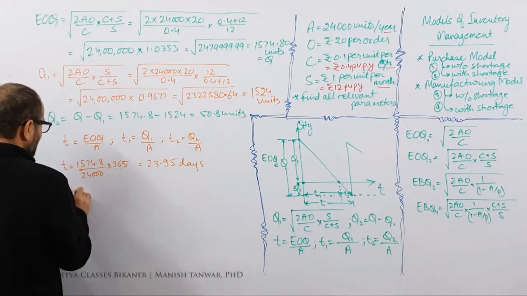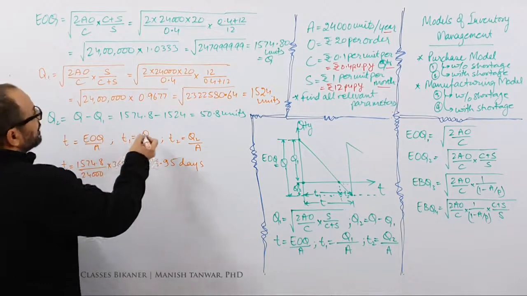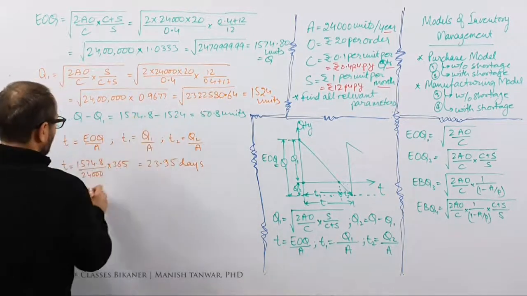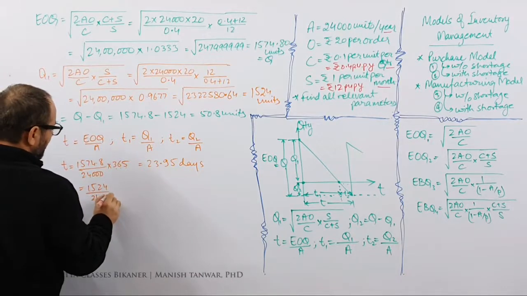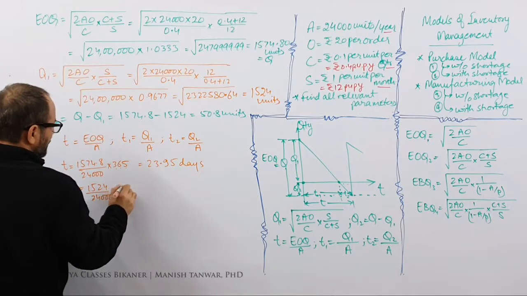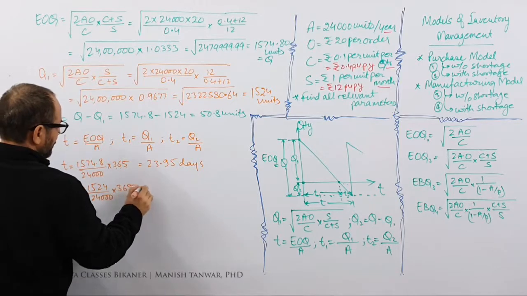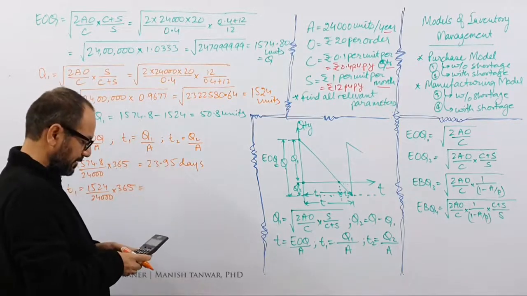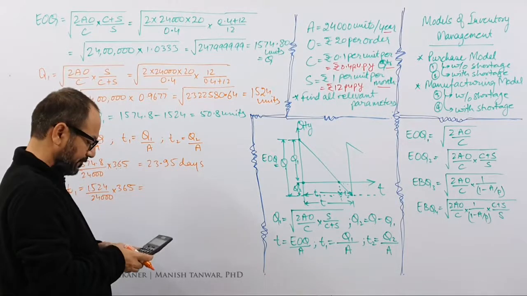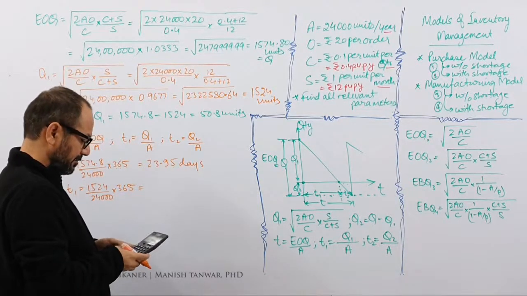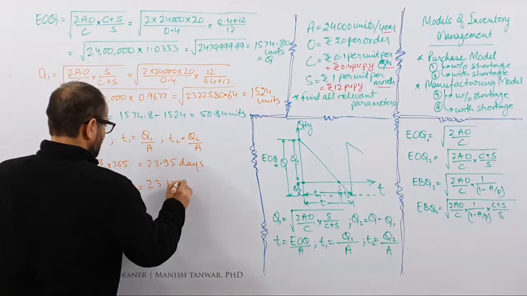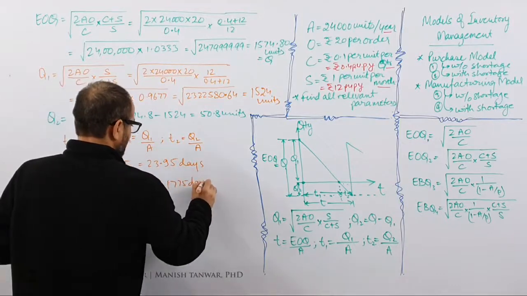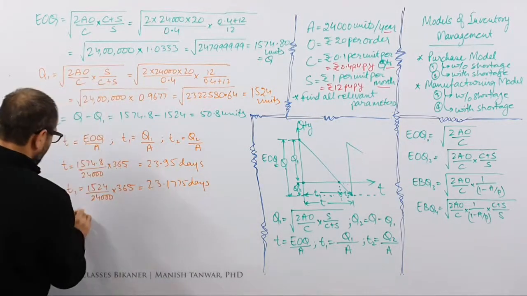Then we have T1. T1 would be Q1. Q1 is here 1524, upon 24,000. Again, let us multiply it by 365. So it will be 1524 divided by 24,000 multiplied by 365, giving me 23.1775 days. And finally, we have T2.